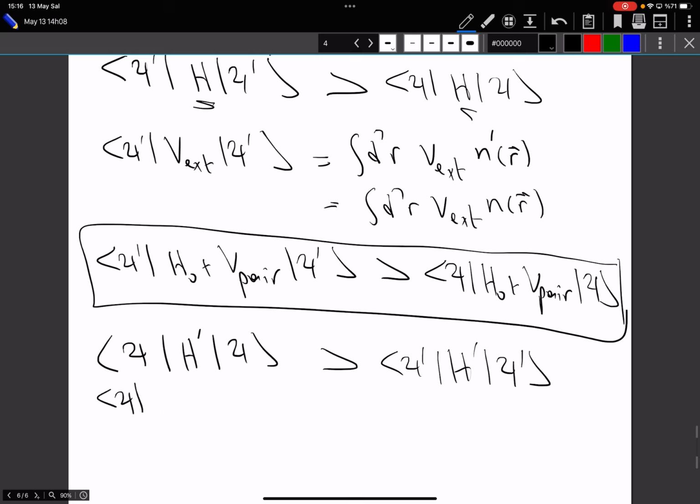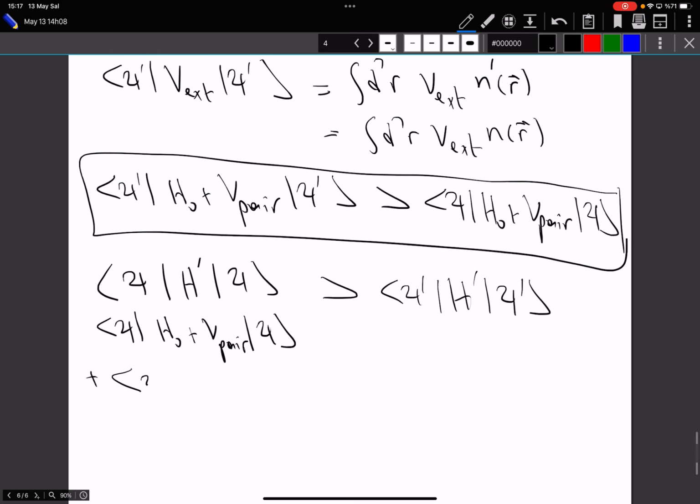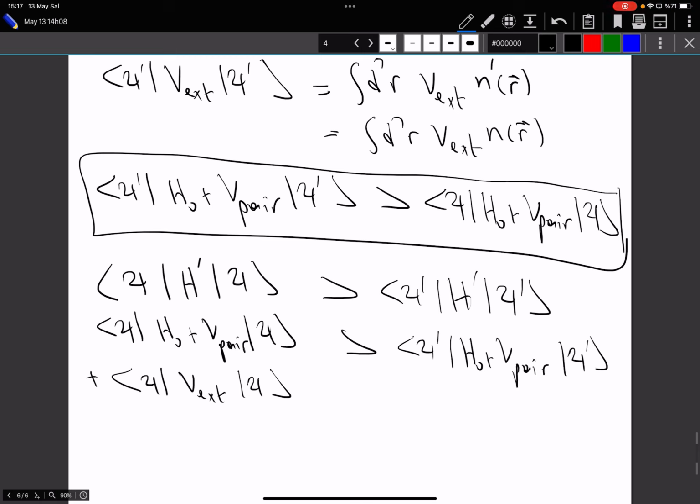Psi H0 plus V pair psi, plus psi V external psi. This should be larger than psi prime H0 plus V pair psi prime, plus psi V external prime psi. Sorry, you're right, there's a prime.